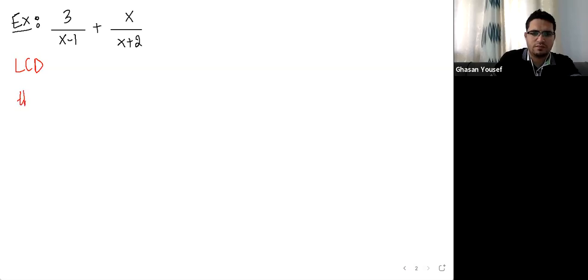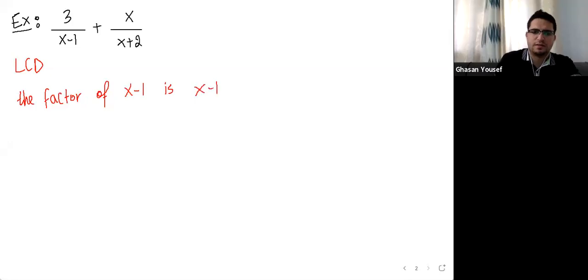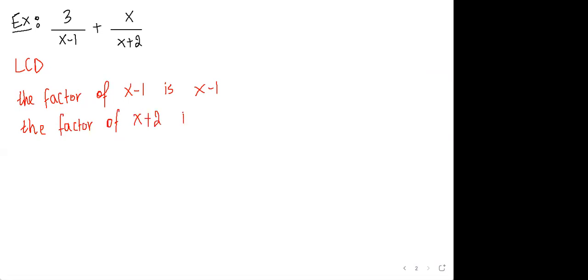So the factor of x minus 1. What is the factor of this denominator? X minus 1, the same. And the same thing, we factor the second denominator, x plus 2. What is it? X plus 2, the same.